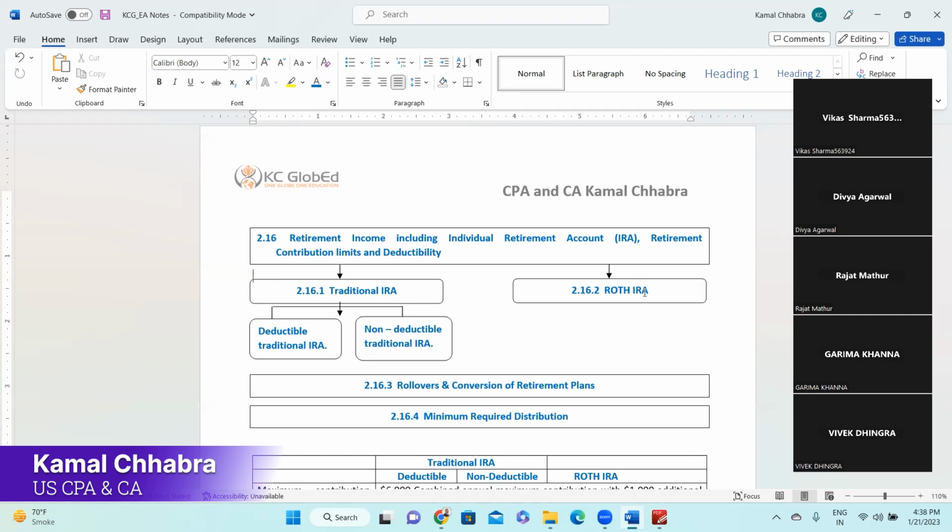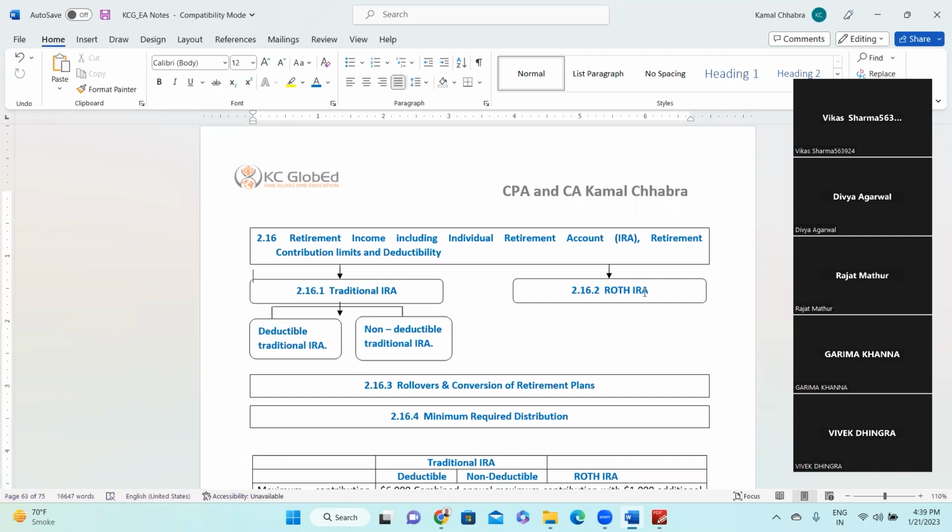If I give you a high-level overview of what a deductible IRA is, it is basically when you make a contribution to the individual retirement account, then in the year of the contribution, it is considered in the itemized deduction. Hence, it is called deductible IRA. That means in the current year gross income, up to a certain limit, the amount which you have invested or deposited into the individual retirement account is considered as itemized deduction, and you will get a tax benefit on it.